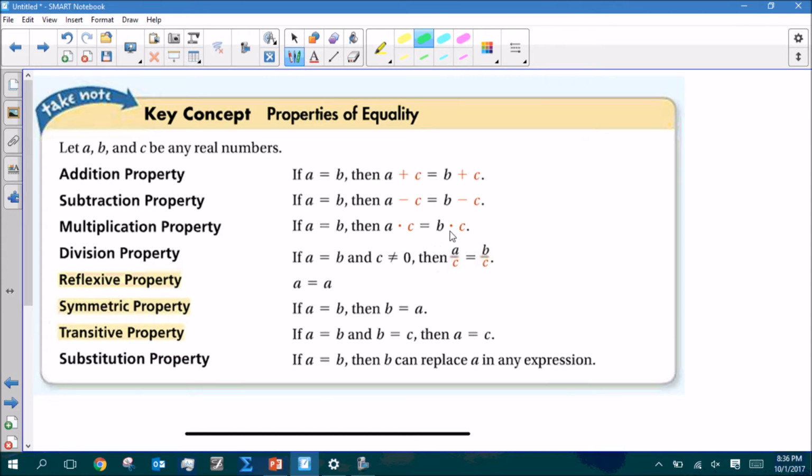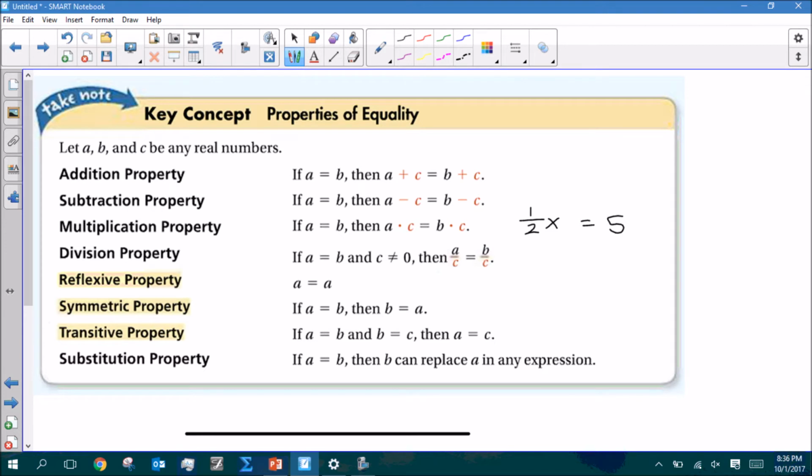Multiplication property of equality just says if I start off with two things that are equal, like 3 is equal to 3, and I multiply both sides by 5, then I better get a statement that is still equal. 15 equals 15. Most of the time you would have seen this so far as maybe 1/2 x is equal to 5.